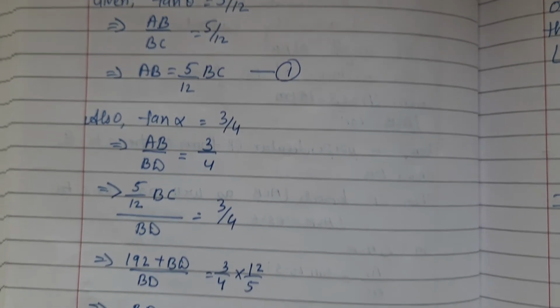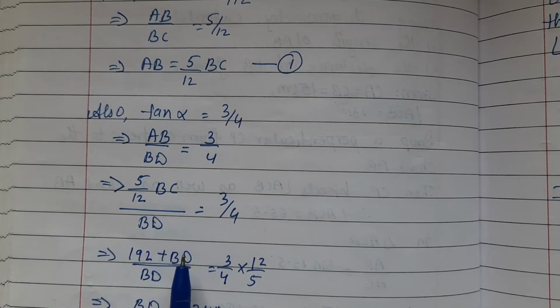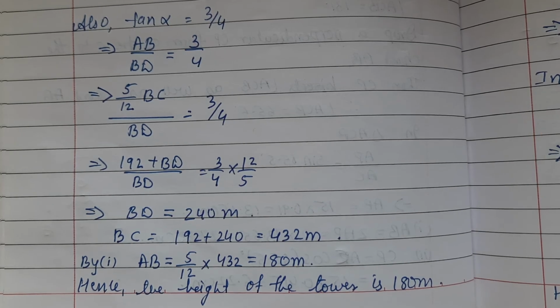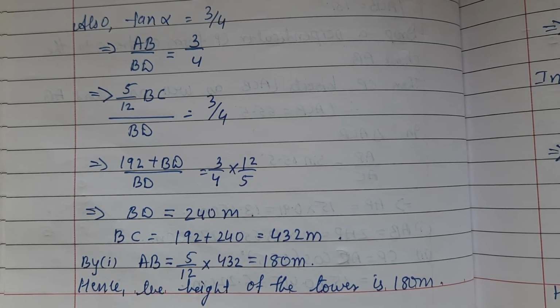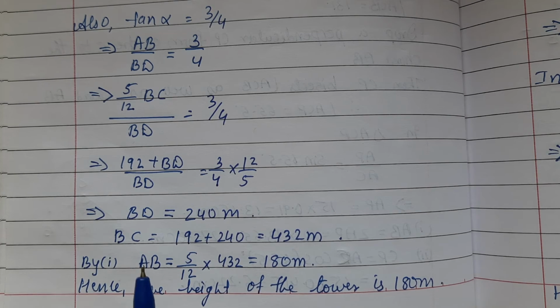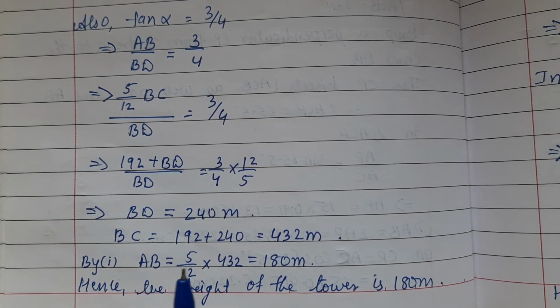So we will write here 192 plus BD upon BD equal to 3 upon 4 into 12 upon 5. BD is equal to 240 meters. Then BC is 192 plus 240 equal to 432 meters. By 1, AB is 5 upon 12 BC. So 5 upon 12 into 432 equal to 180 meters. The height of the tower is 180 meters.